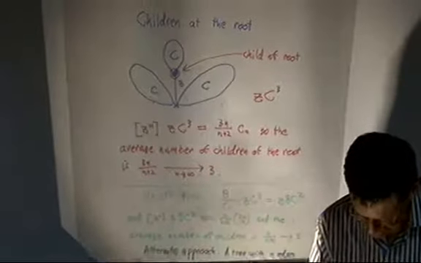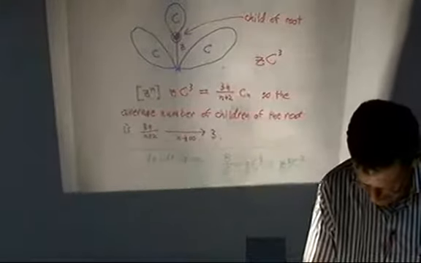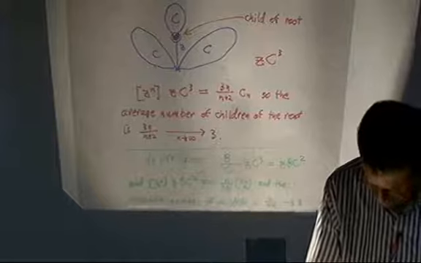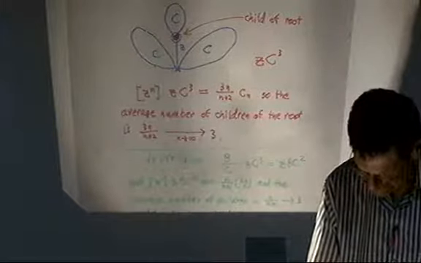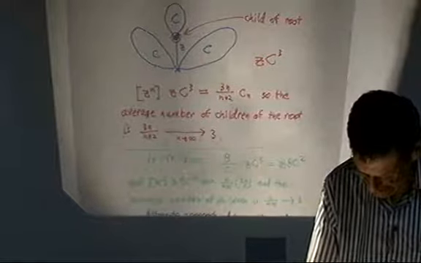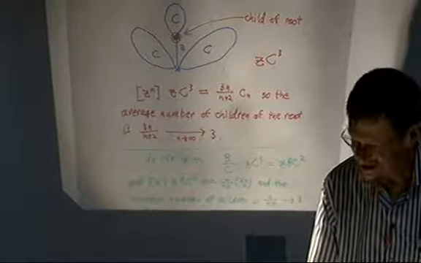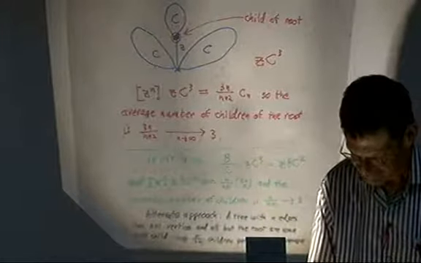And then we multiply by B over C, and the average number of children over all vertices, all trees, goes way down to n over n plus 1, so it approaches 1, a little less than 1.